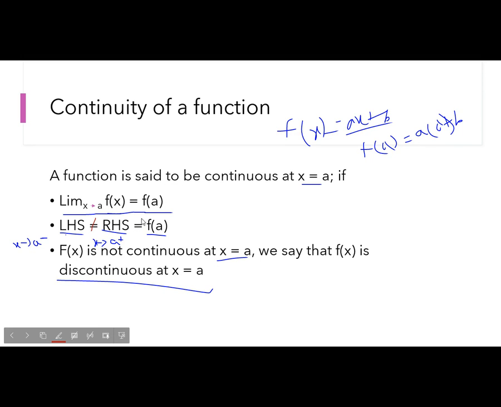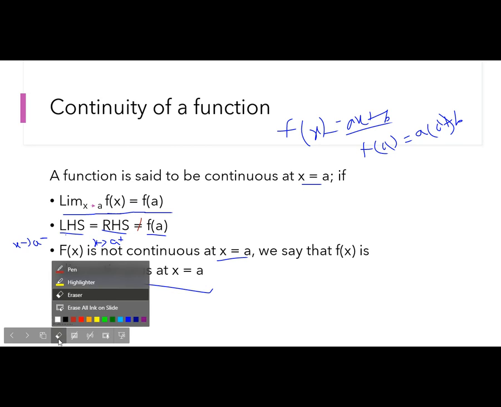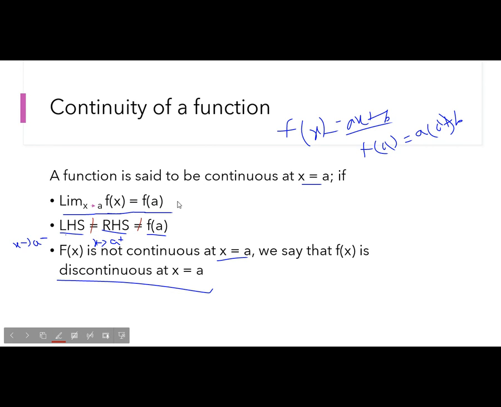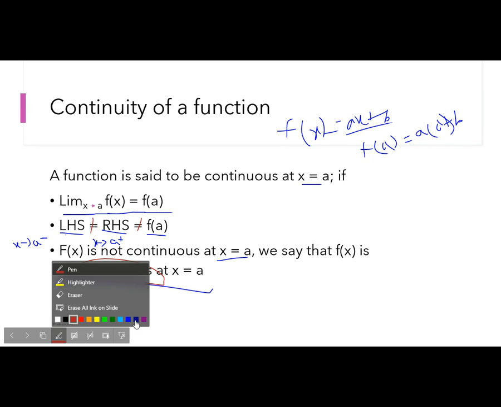Or if LHS equals RHS but is not equal to f of a, it is discontinuous. And if LHS is not equal to RHS and it is also not equal to f of a, it is discontinuous. In these three cases, the function is considered discontinuous.